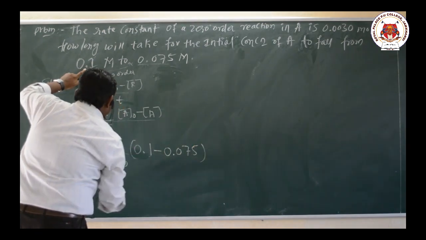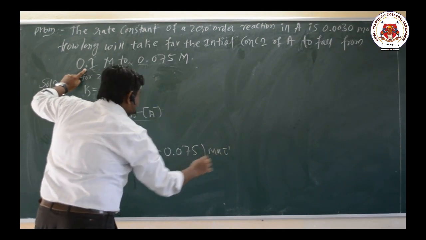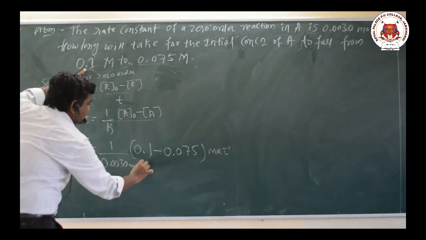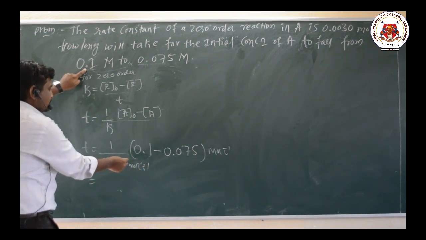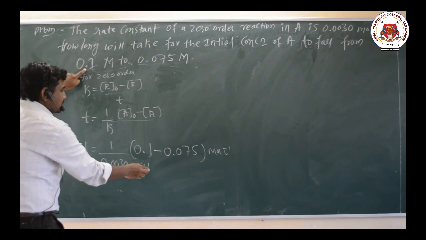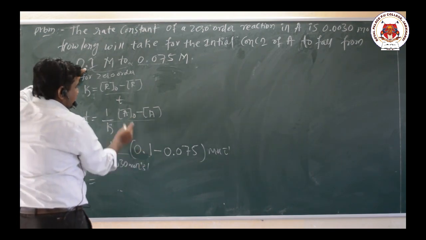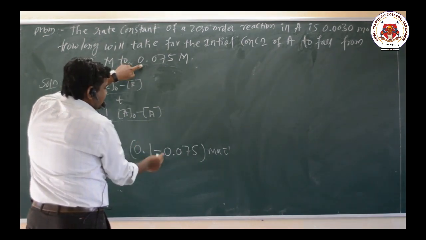The unit is mole per liter, and the k value they gave is 0.0030 mole per liter per second. A naught, the initial concentration, is 0.1, and after this the decreased concentration, that is A, is 0.075.